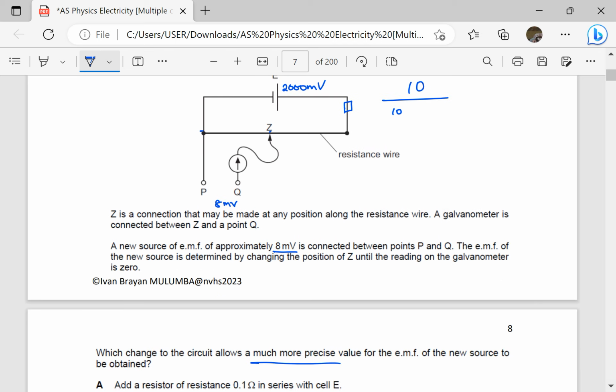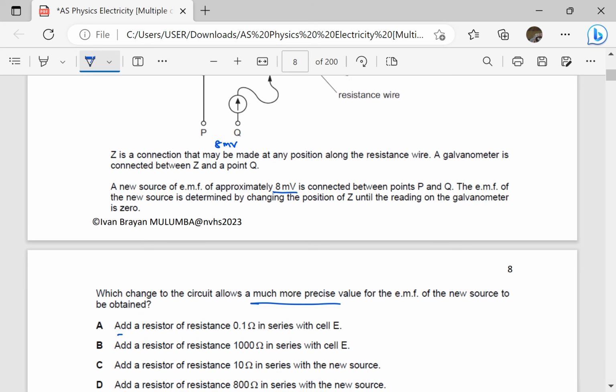So we want a more measurable value, because the question is which change to the circuit allows a much more precise value for the EMF of the new source.